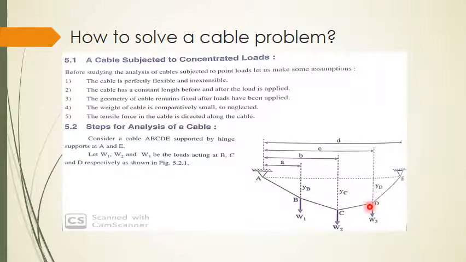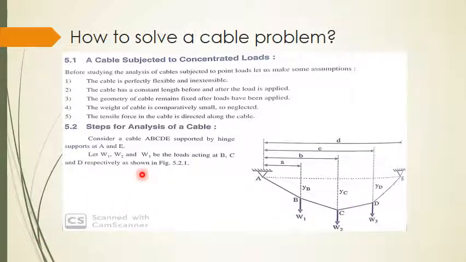Not all unknowns will be asked in the problem. Whatever unknowns are asked, we have to find out those unknowns. But most of the times the given components will be the horizontal distances, the vertically downwards point loads, and one of the dips in the cables. These will be the points which will be given in the problem, and other unknowns we have to find out.